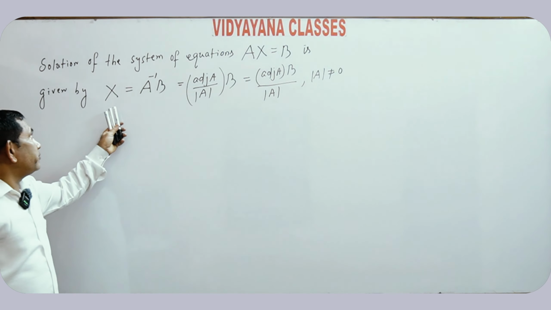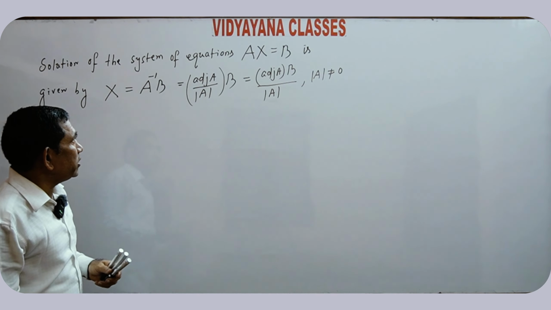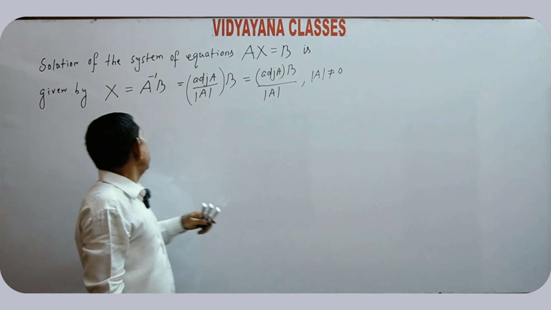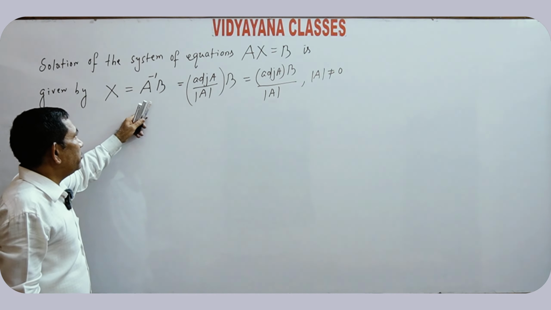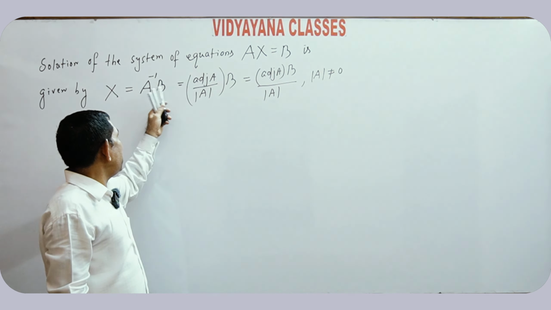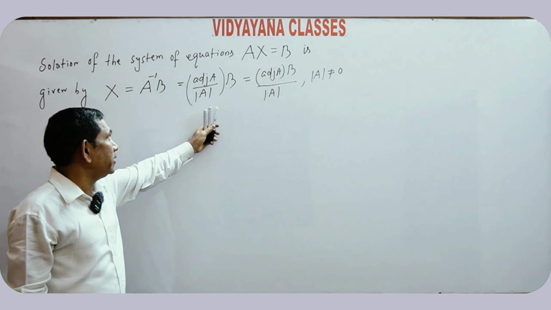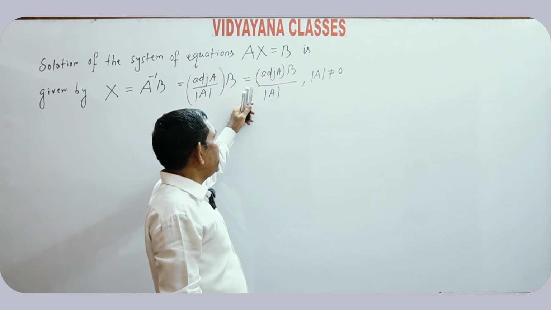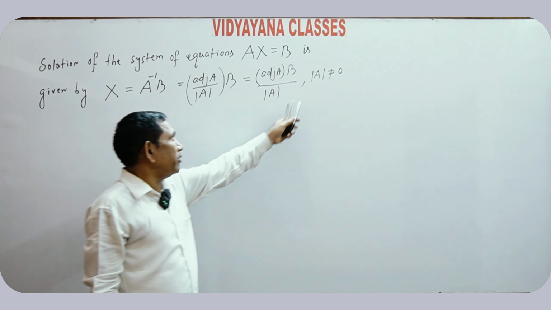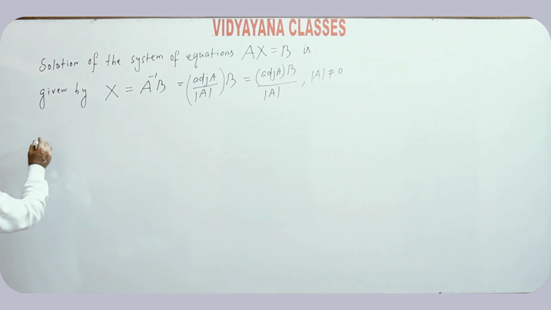From the theorem, we have the solution of the system of equations AX is equal to B is given by X is equal to A inverse B. A inverse is given by adjoint A divided by determinant A into B, which is same as adjoint A into B divided by determinant A, A not equal to 0. First note 1.